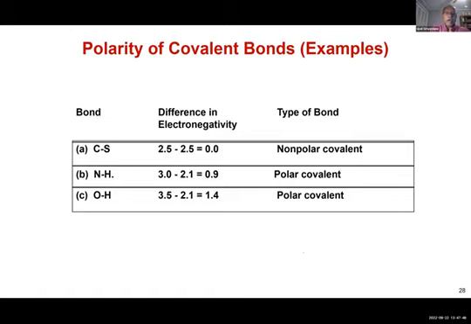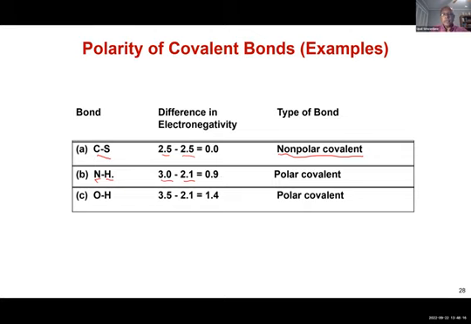For example, if you have a question like this, what kind of bond between carbon and sulfur is going to be formed? Both have same electronegativity. When you look at the chart, therefore electronegativity difference is 0. Therefore, non-polar covalent bond. In ammonia, nitrogen is 3.0, 2.1 hydrogen.